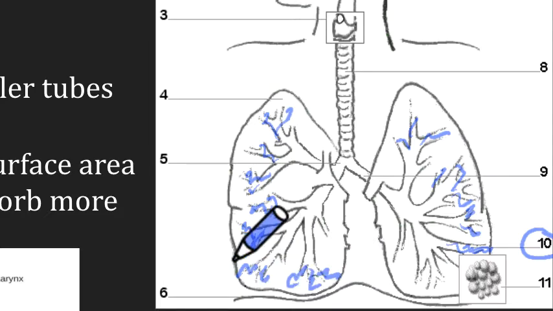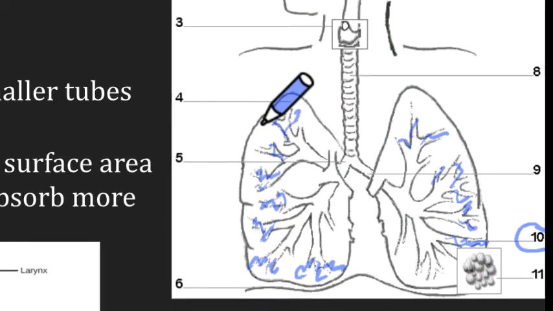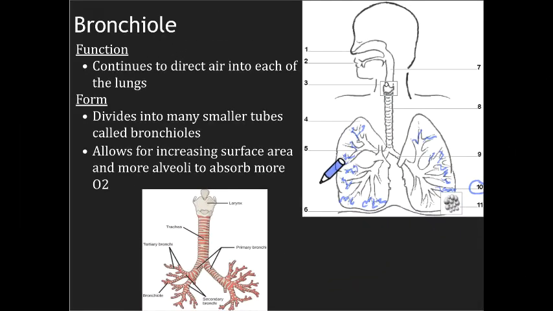So the more of these we have, the more alveoli we can have in the lungs, and that means there's more surface area to absorb more oxygen and release more carbon dioxide. So the more branches we have, the more surface area we have to allow for gas exchange. So it's important that we continue to divide the bronchi into many, many bronchioles within the lungs.